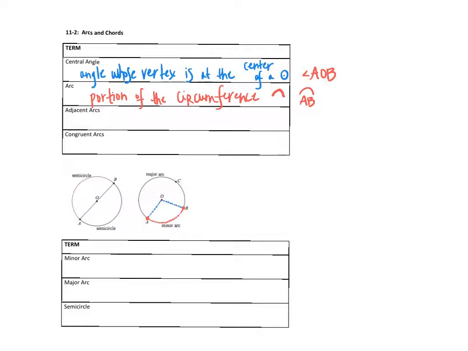Then we have adjacent arcs, much like we have adjacent angles, and so those are going to be arcs of the same circle that intersect at exactly one point.